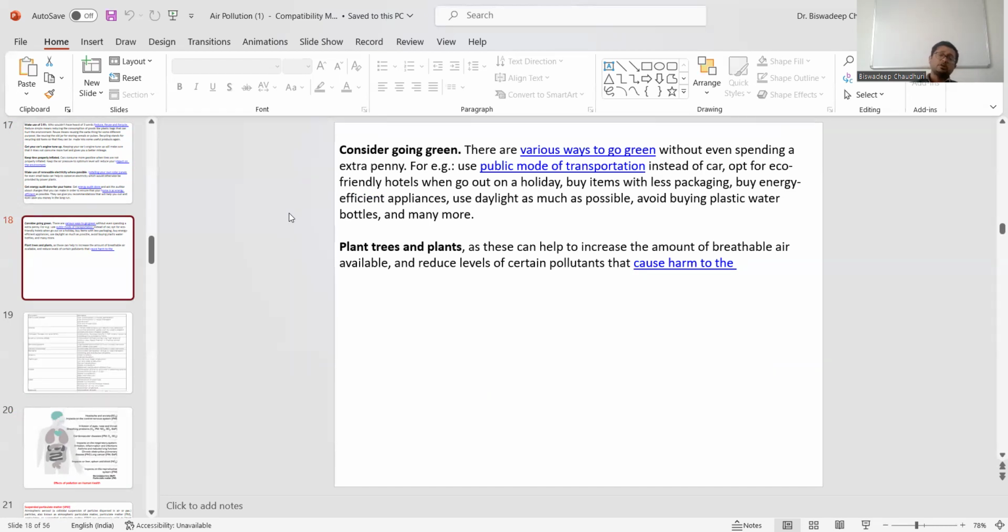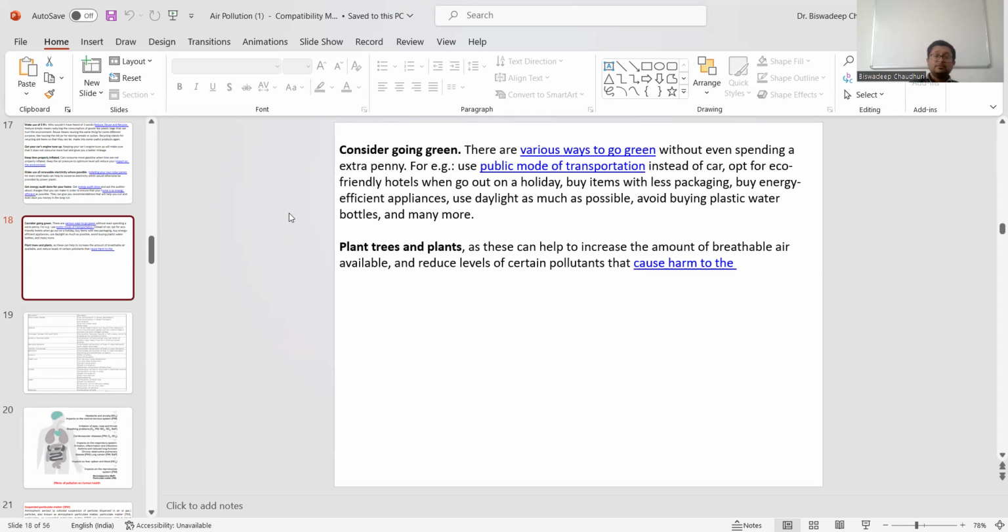If you use public transport, which carries lots of people at the same time, it will be much more economical as well as environment friendly. We have seen that economical means environment friendly, which is very interesting, very desirable, and a very important thing to take lessons from.